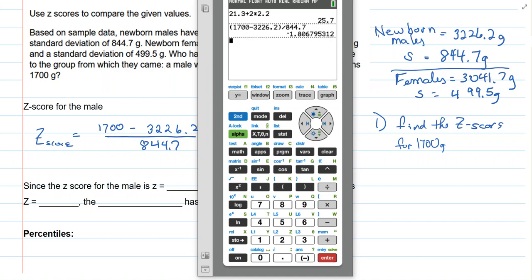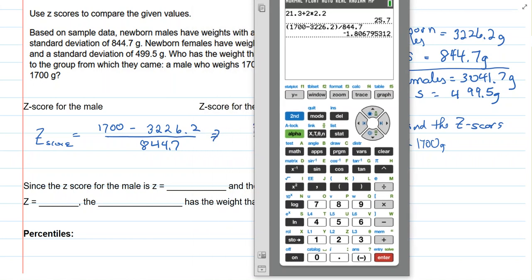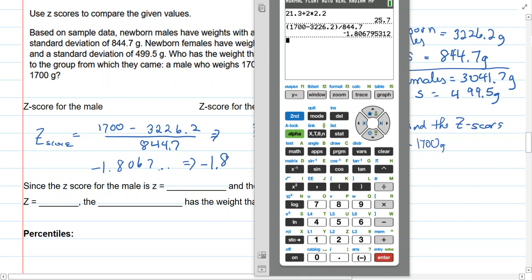All right. So I get a z-score of, and I'm going to do 2 decimals, I get one that's a negative 1.8067, blah, blah, blah. So we're going to say negative 1.81. How does that sound?